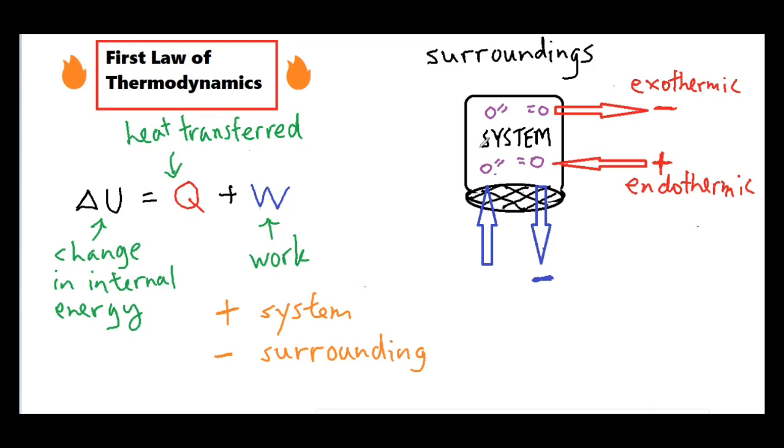As those little particles have their random motion and they're bouncing around, they are collectively going to transfer some energy to, say, the bottom of this part of the system and push it downwards and transfer some energy to the surroundings. On the other hand, if we have the surroundings pushing and applying energy into the system, that's going to be considered positive because we have energy flowing from the surroundings into the system.